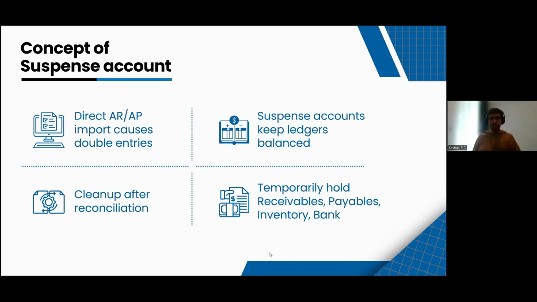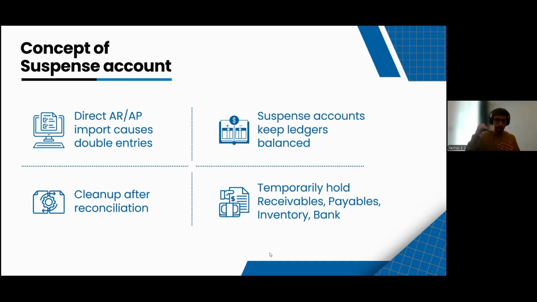The goal is that I first import the general ledger as one journal entry. The entire trial balance will be imported with the suspense account in place, which is like a placeholder for AR, AP, and inventory, so there will be some balance in this suspense account. I also import inventory, AR, and AP separately as physical inventory, invoices, and vendor bills.